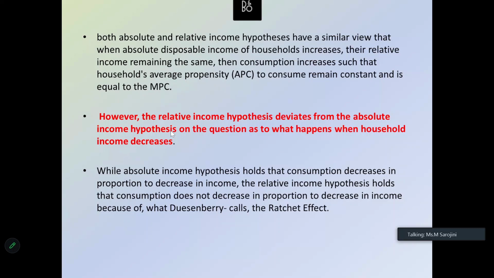Right, here you can clearly understand further. Here the absolute income hypothesis explains that once absolute income increases, consumption also increases. On the other hand, when absolute income decreases, consumption also decreases.